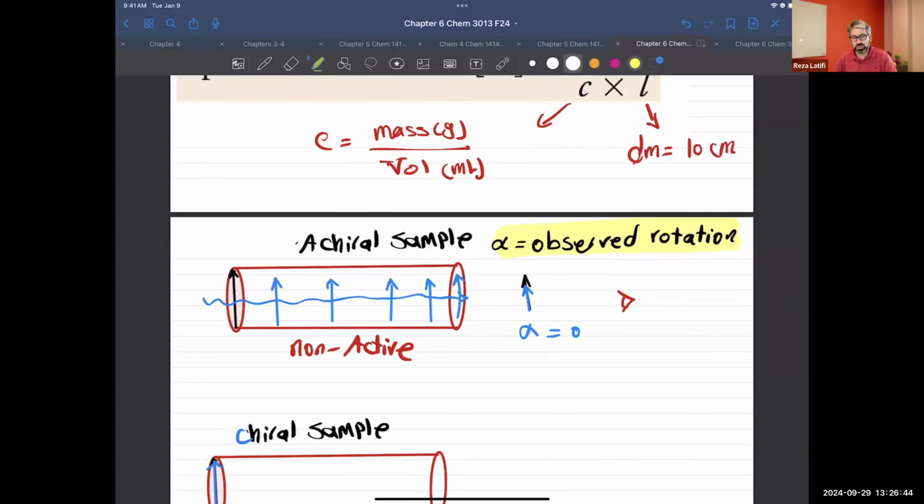There is no rotation there, and because there is no rotation, we say it's non-active. What does it mean? Optically, it's not active. It's not rotating the light to the right or left. Only enantiomers, or chiral compounds, can turn the light to the right or left. It's not changing it, so I'm going to say non-chiral.